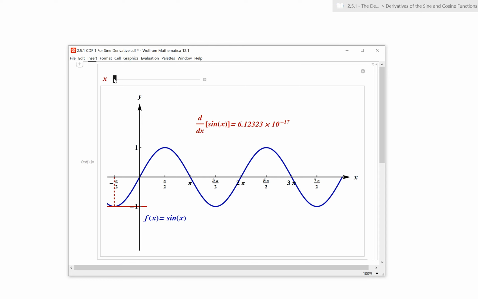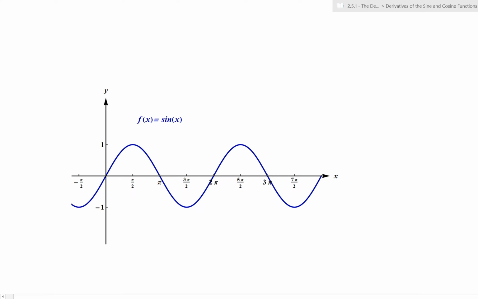Moreover, we should expect it to happen at pi over 2, right around there. You see it gets really, really tiny. And at all of these local extrema, right down there as well, we should expect slopes of zero. So going back to the graph, if we start drawing in the picture of the derivative of the sine function, we should expect the derivative, in green, to be 0 at negative pi over 2, 0 at pi over 2, 0 at 3 pi over 2, 0 at 5 pi over 2, 0 at 7 pi over 2, and so on.